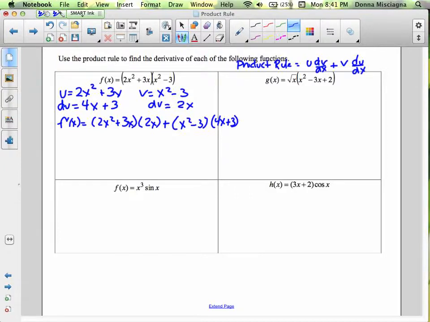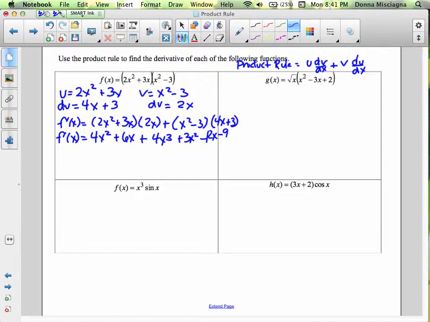All right, so now we're just going to distribute and combine our like terms. F prime of x is 4x squared plus 6x, and then we have another 4x cubed, sorry. Yeah, 4x cubed, and then a 3x squared, and a negative 12x, and a negative 9.